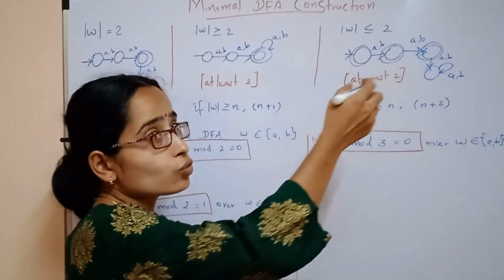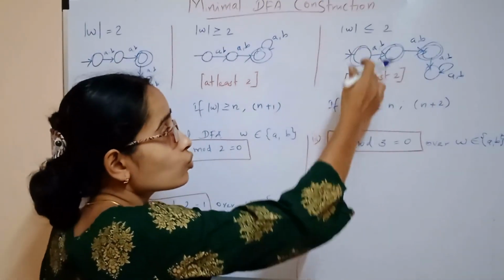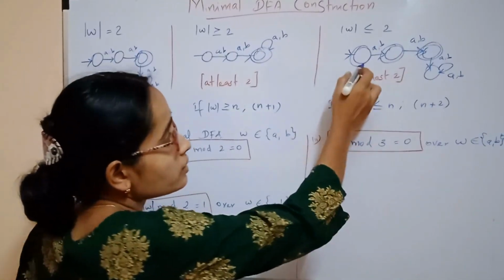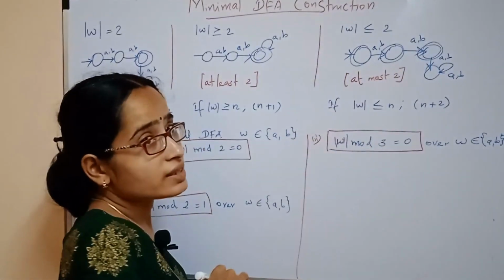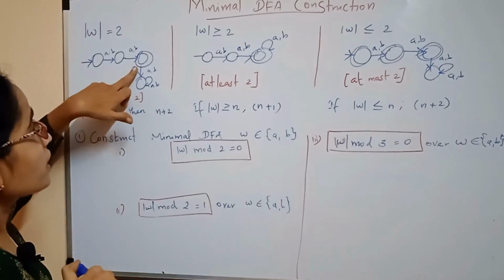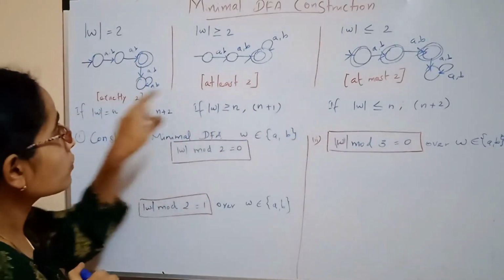When the length exceeds 2, you will not accept. That is the meaning of at most 2. In that case these 3 states become final states, and the fourth one becomes a dead state. In the exactly 2 case, only the third state is final. That is the difference between these two.